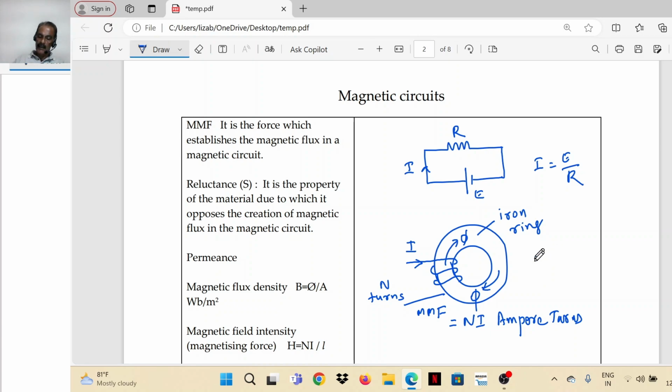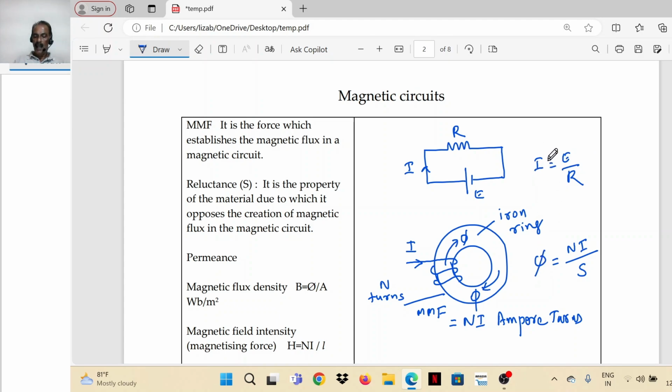So flux set up in the magnetic circuit is equal to the ampere turns divided by reluctance of the magnetic path. Flux set up in the core is equal to magnetomotive force divided by reluctance of the magnetic path. So these are the analogous quantities.